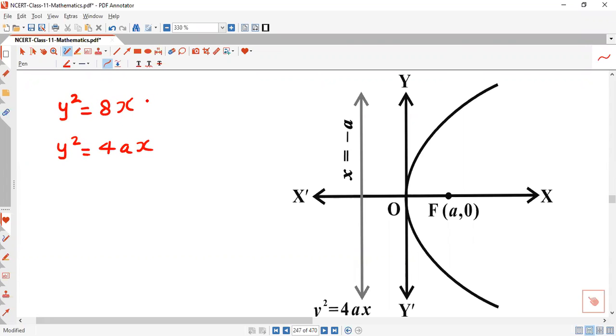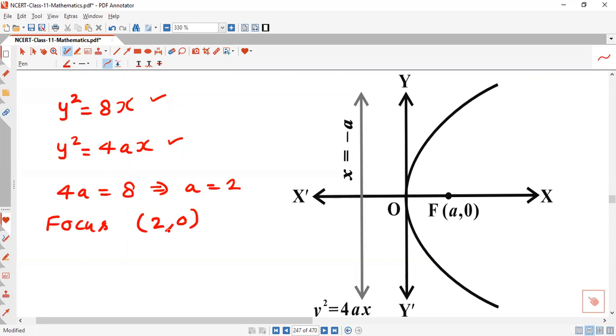You find 4a equal to 8, which implies a equal to 2. So the coordinate of the focus is (2, 0). The coordinate of the vertex will remain the same, (0, 0). It will not change.